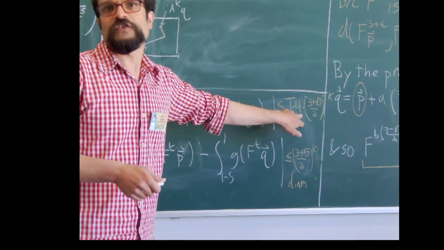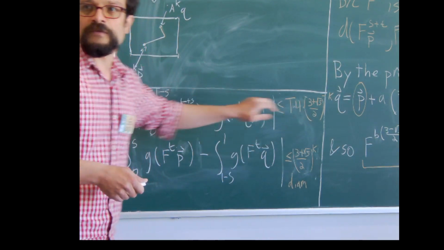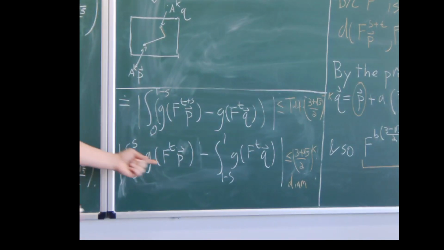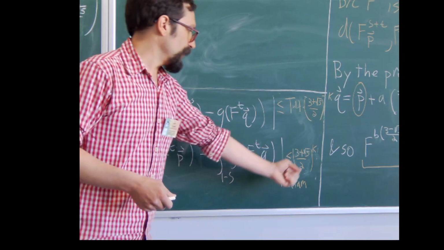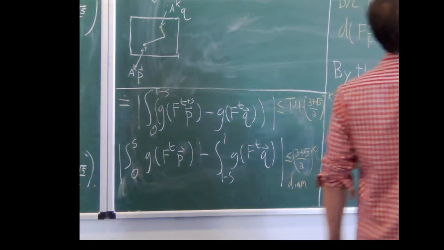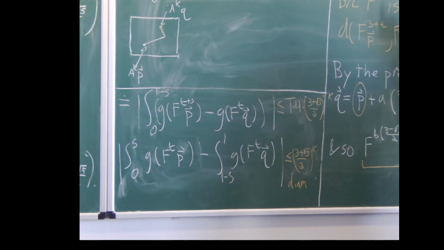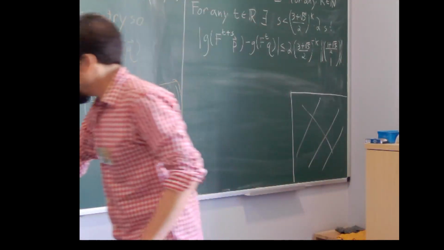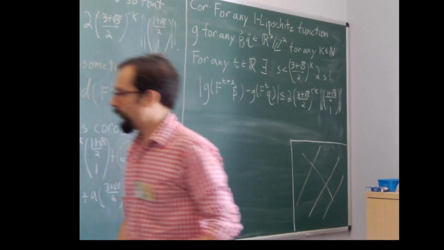Everyone okay with that? That comes from the Lipschitz estimate. The most a one-Lipschitz function can differ at any two points is the diameter of the space, and I'm integrating over the length of s. If you remember, I had an upper bound on how big s can be, and I just plugged that in here. I left out a factor of 2, sorry about that.